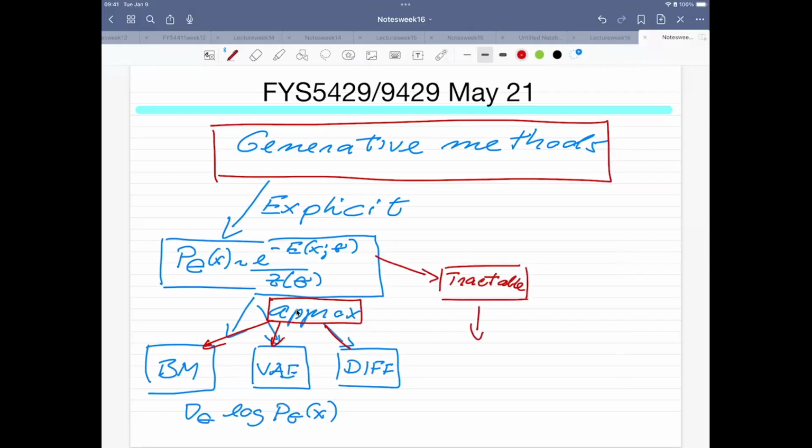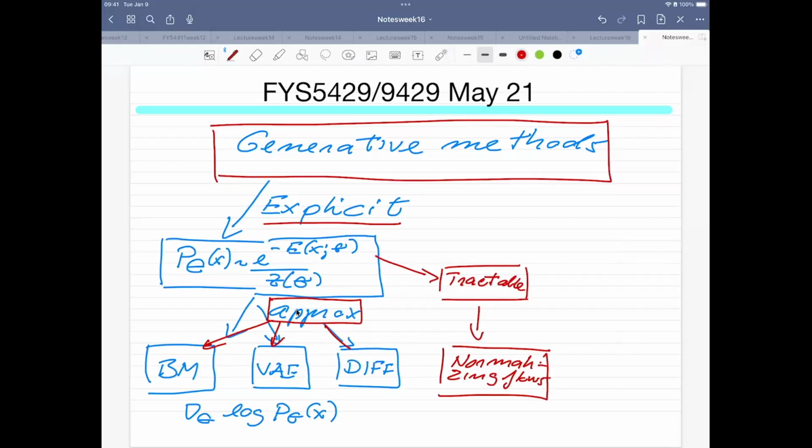And one of the standard tractable methods is one which we haven't discussed, normalizing flows. I mark it in red here because we have not covered that one this year. In this specific case, we actually have the possibility to solve this inverse problem, which I'm going to put up on the next page on the whiteboard. So these are the so-called explicit methods.